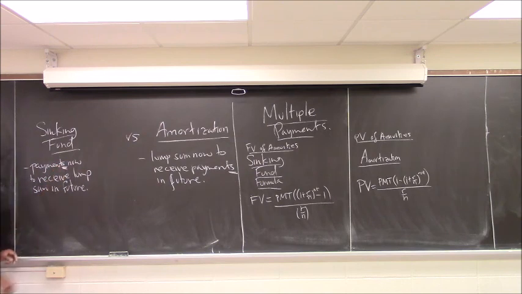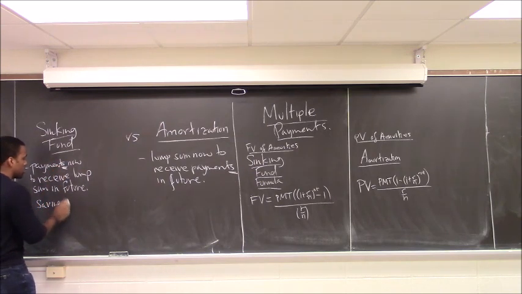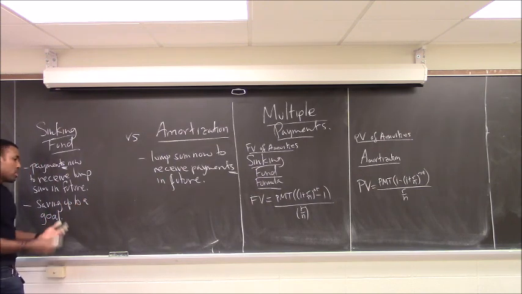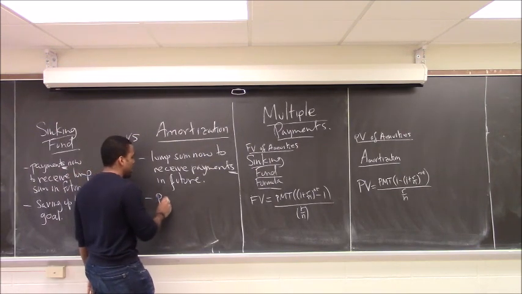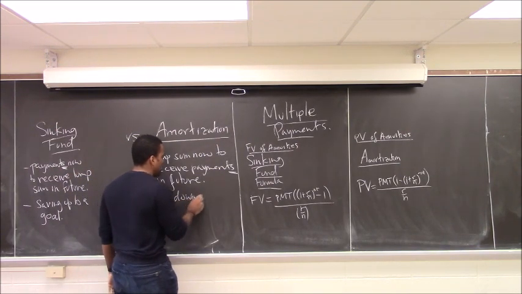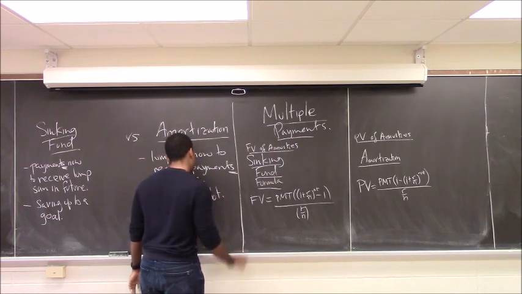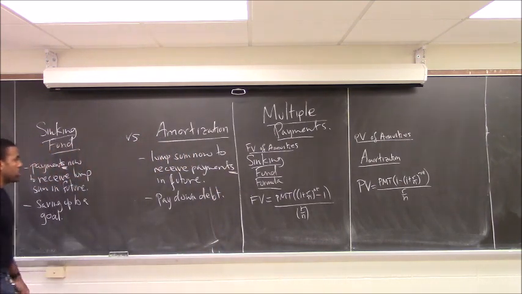Payments now. This one is usually if you're saving up to a goal, like a parent who wants to save for a college fund, versus this one, where you want to pay down debt, usually. So I'm borrowing money for a car loan or a mortgage or whatever, and you tend to want to use this formula.